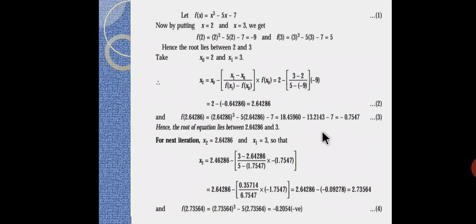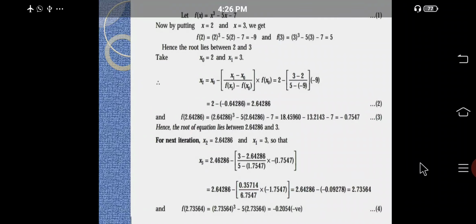We substitute these values, we get x3 is equal to 2.73564. We substitute this x3 value in the given function, we get f of x3 is equal to minus 0.2054, which is negative. So here at 2.73564, the value of f of x is negative.